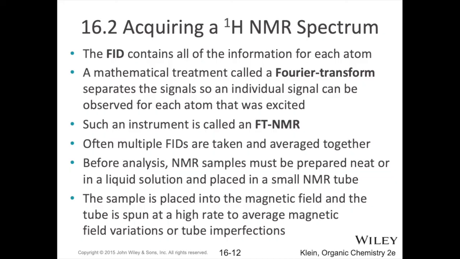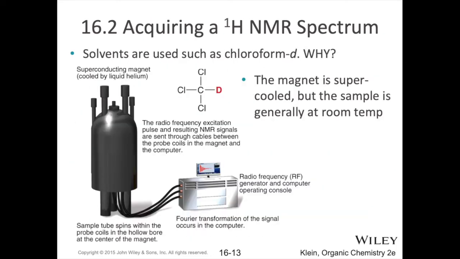That's basically how you collect data from your NMR sample. Your FID information is sent to a computer that does the Fourier transform on it and gives you the data accordingly.